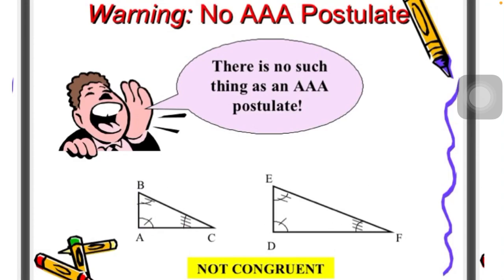It also does not exist for congruency, because by angles only you cannot prove the two triangles to be congruent. We have to take one side, because a side should also be taken to make the triangles congruent. So remember this always, that there is no SSA or AAA congruency rule.